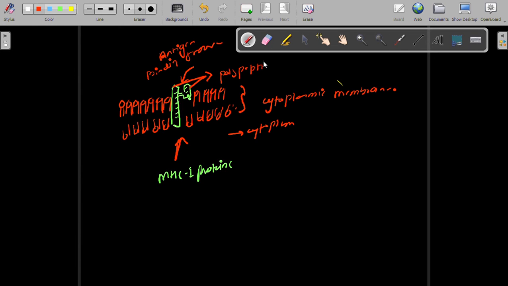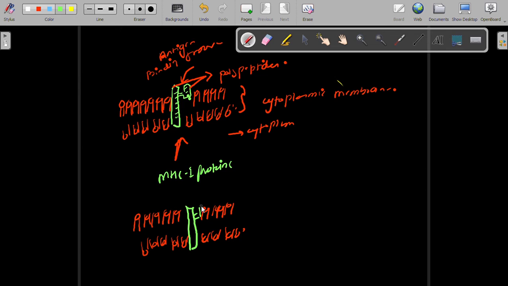Okay, and this is another cell membrane, and these are the lipoprotein layer, and this lipoprotein layer contains this MHC class 2. I'm just drawing a structure to make it more understandable.